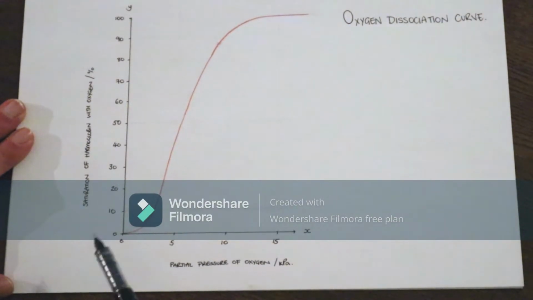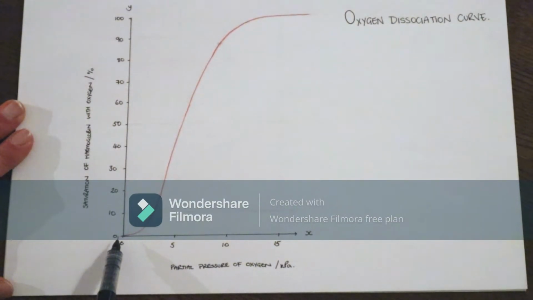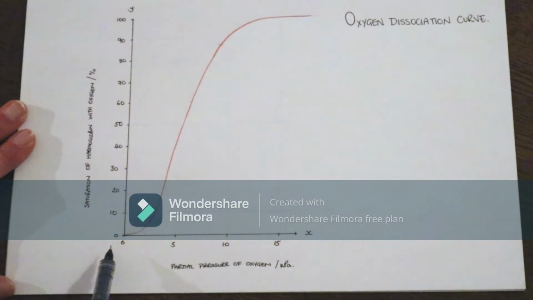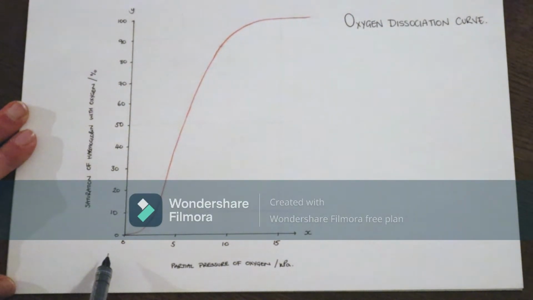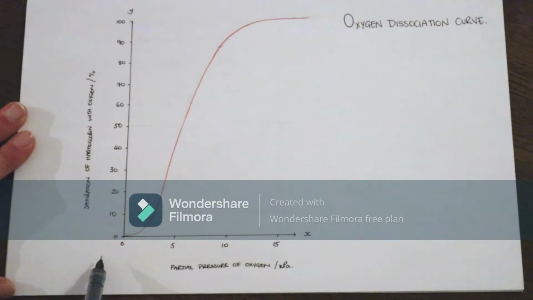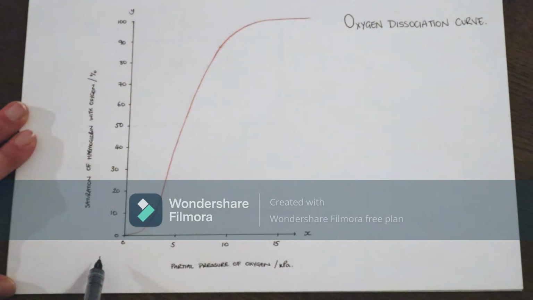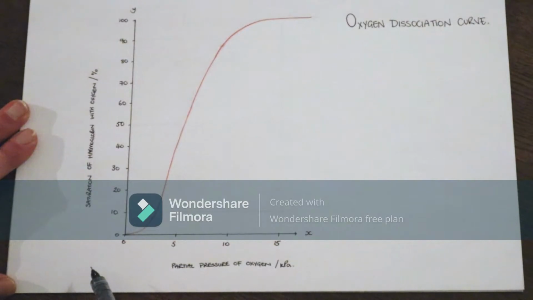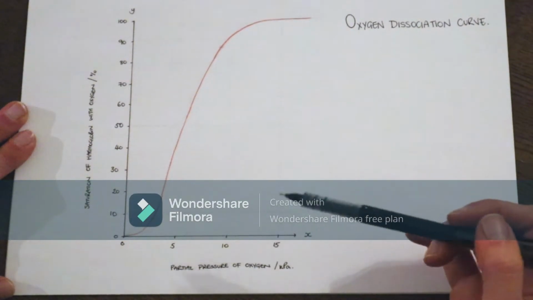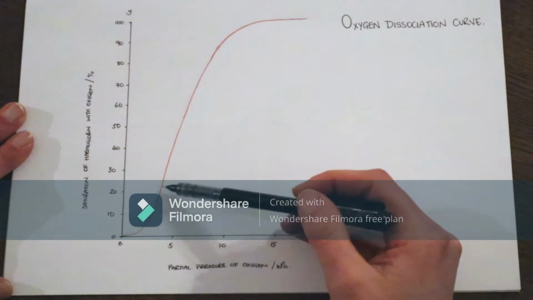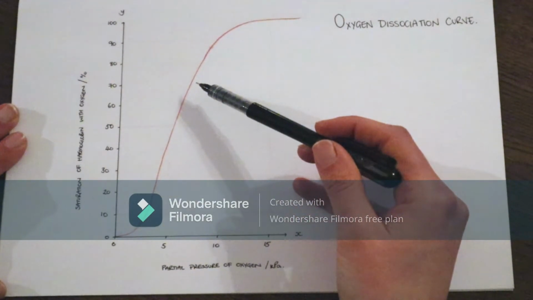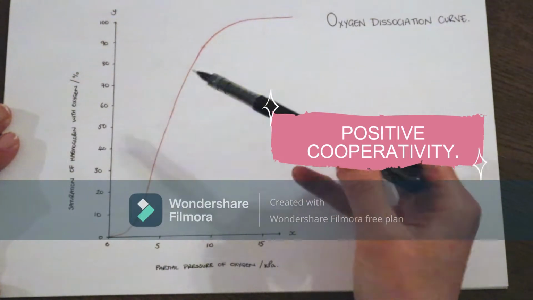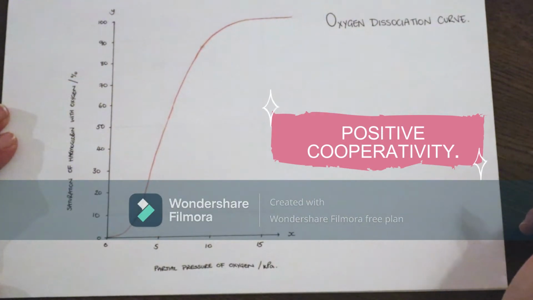At the bottom left-hand corner of the graph, we can see that there is a low partial pressure of oxygen. This, along with the original shape of haemoglobin, makes it difficult for the first molecule of oxygen to associate. However, once the first molecule is associated, the conformation of haemoglobin changes. This makes it easier for molecules 2 and 3 to associate. This is often referred to as positive cooperativity.